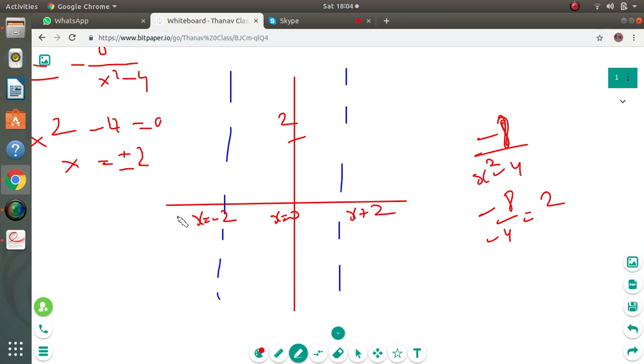Now take x equal to minus 4. Minus 2 by 3 here we have.